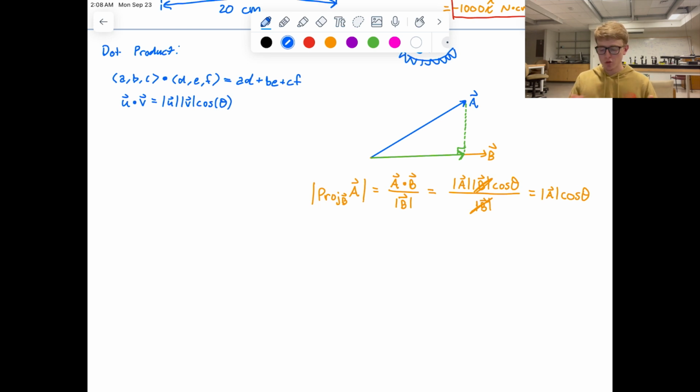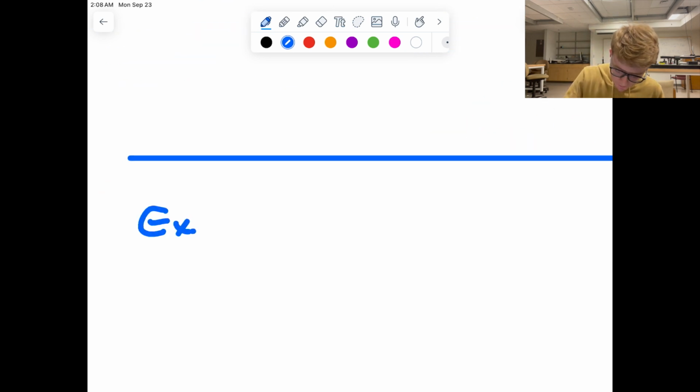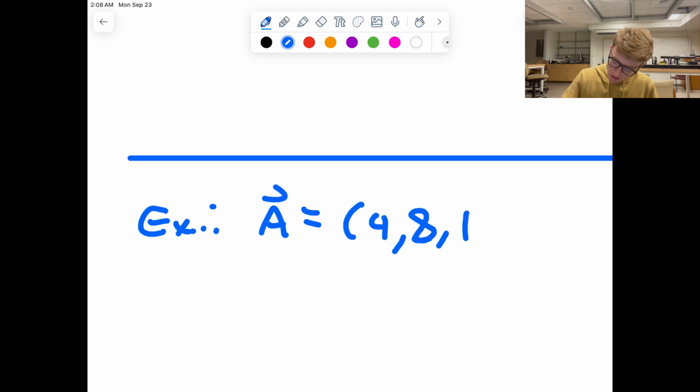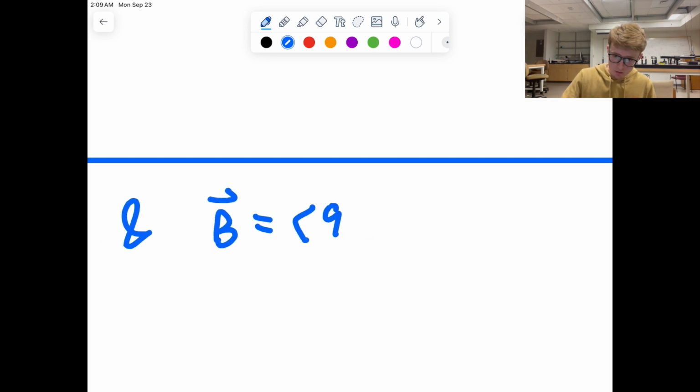So let's do a quick example problem, and then we'll get into MATLAB, okay? So example problem, let's say I have a vector A, which is 4, 8, 10, and another vector B, which is 9, 2, 7.